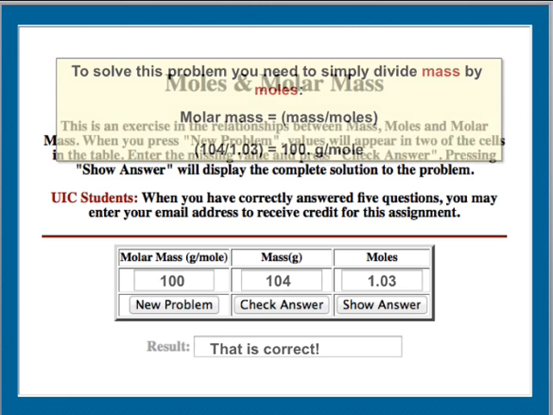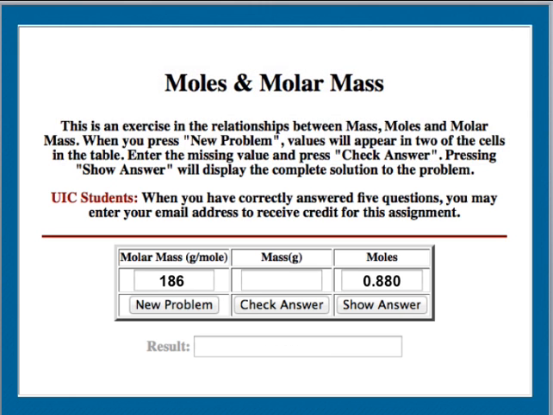Try another one. Here we're given the molar mass, we're given the number of moles. What's the mass of our substance? Remember, molar mass is mass divided by moles. Simply want to solve for mass.